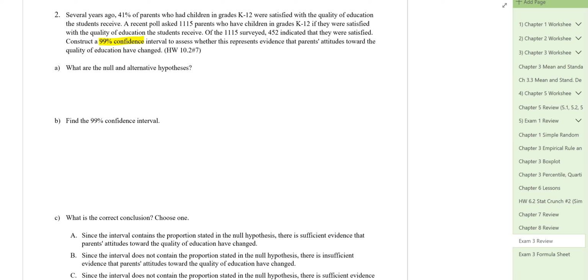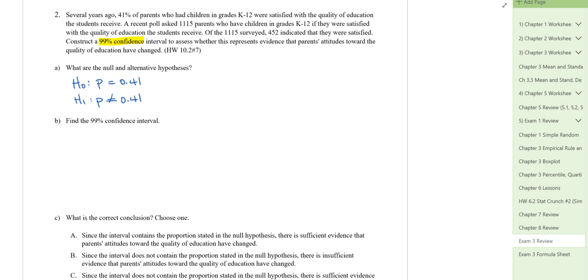We say there are 2 hypotheses. One is H0, the null hypothesis. I can say the proportion is still the same. There's no change, so 0.41. And my H1, we say parents' attitude toward quality education has changed. We say it's a two-tailed test, right? So we can construct a confidence interval now.